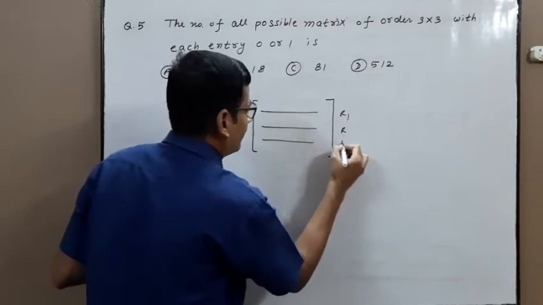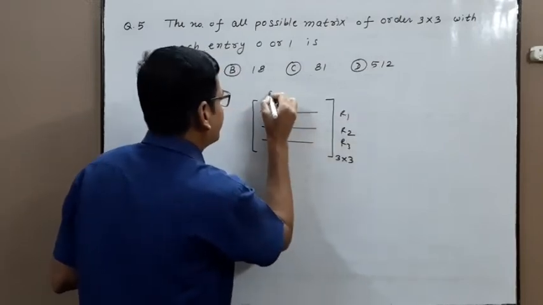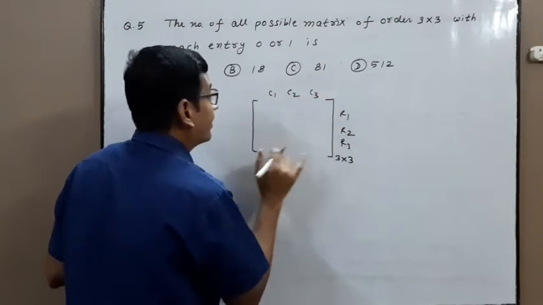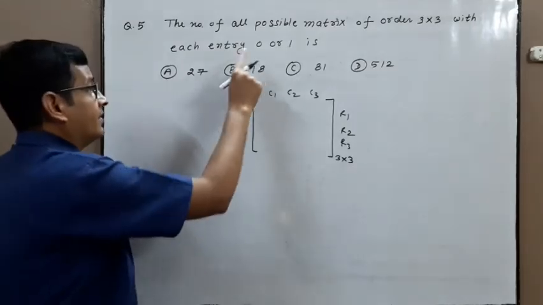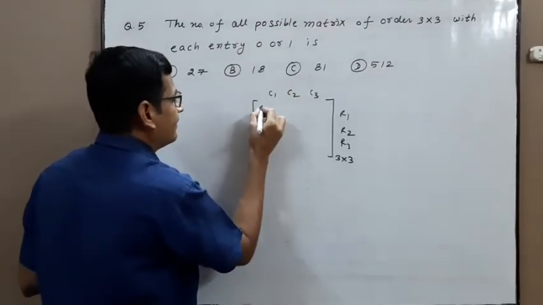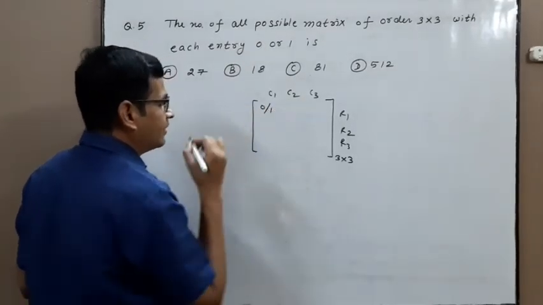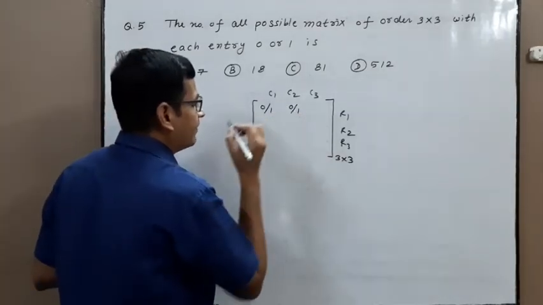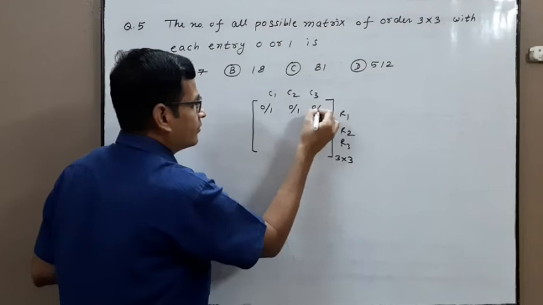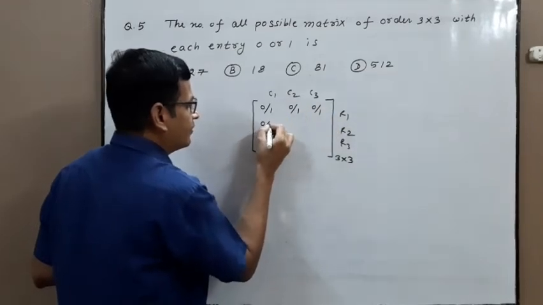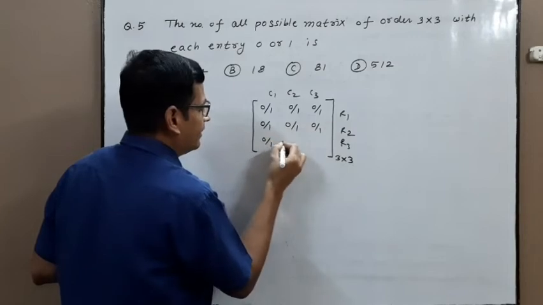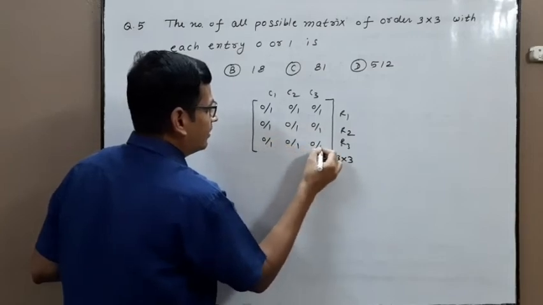R1, R2, R3, C1, C2 and C3. Each entry either 0 or 1 means the first place can be filled by 0 or 1 in 2 ways. The second place can be filled by 0 or 1 in 2 ways. The third also 0 or 1, 2 ways, and so on for all nine places.